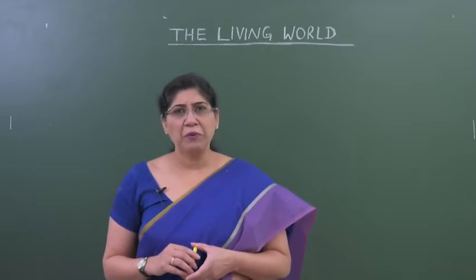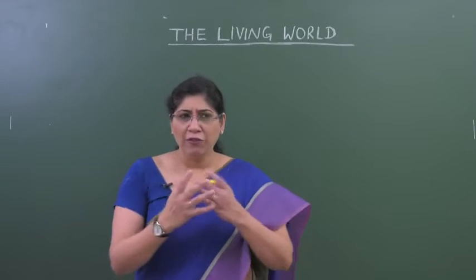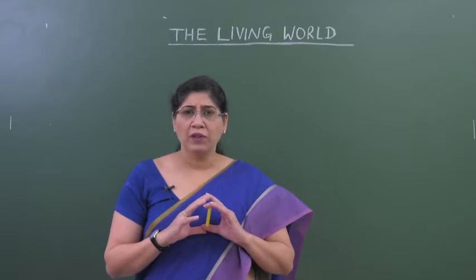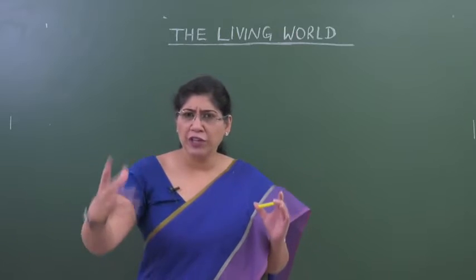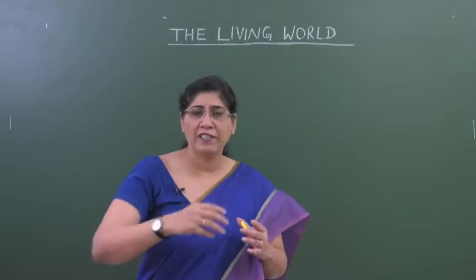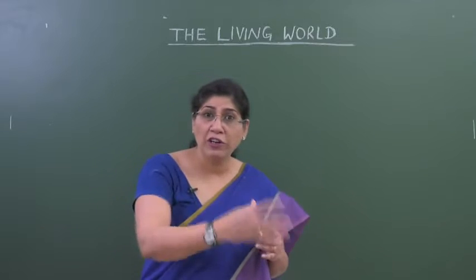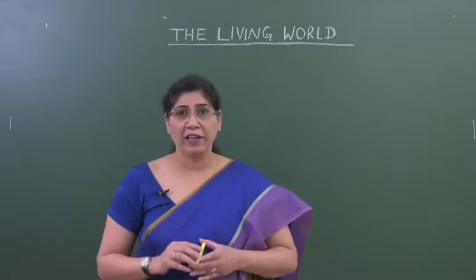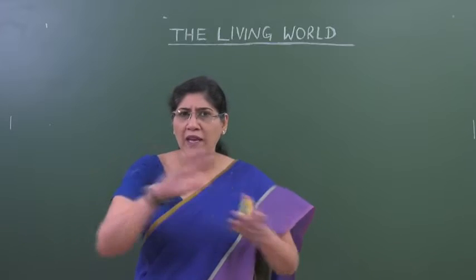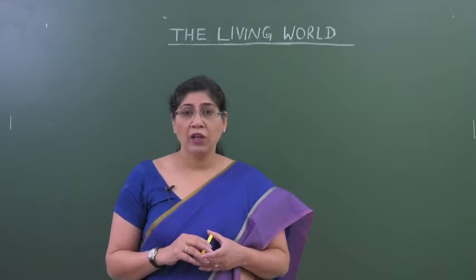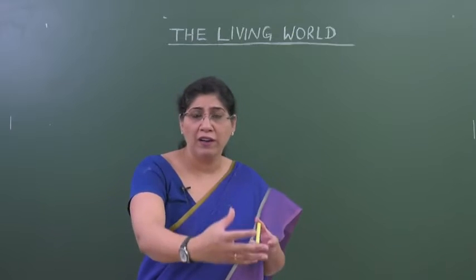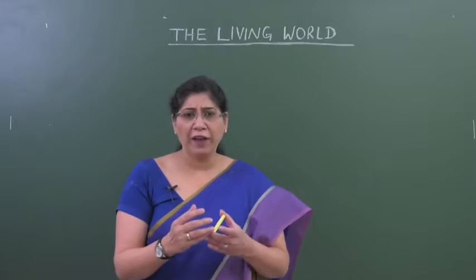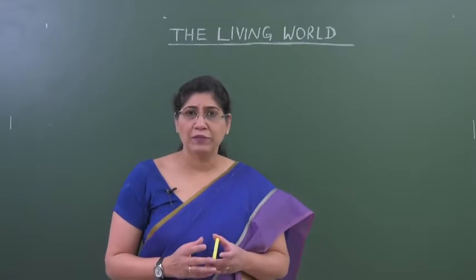Now, what is living world? If you look at the world around you, there are so many habitats. Ocean है, rivers है, forest है, desert है, salt lake है, fresh water lake है. There are so many habitats. So if you travel, if you go to a lake, you will find different types of organisms.